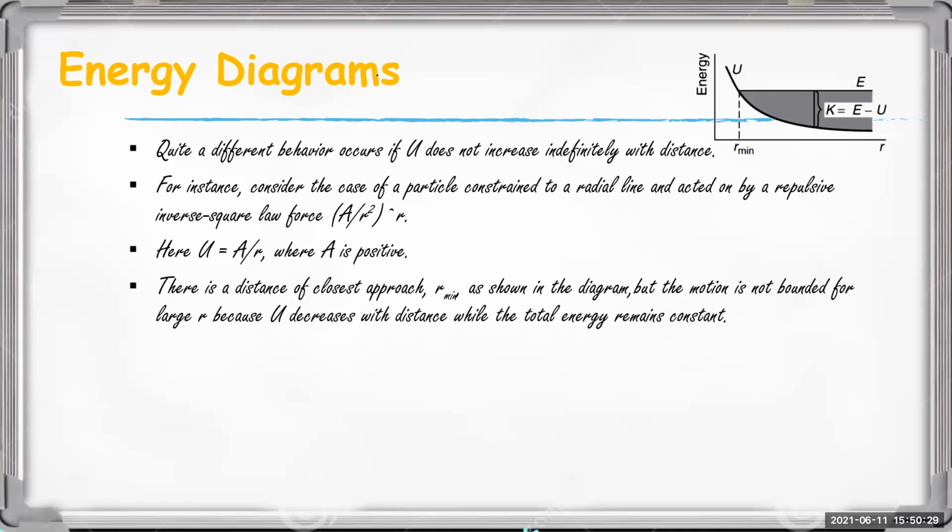Look here. The graph of U is going like this, and on this side the total energy remains constant. So the particle is not bounded.